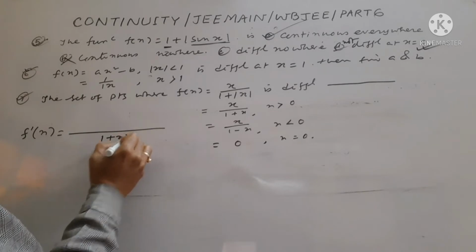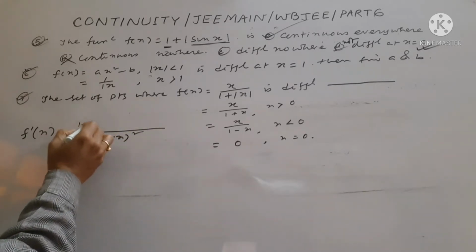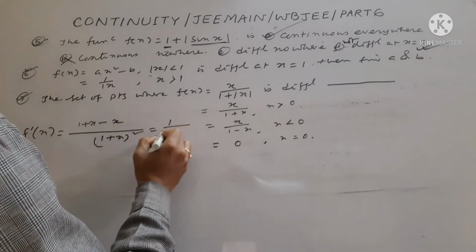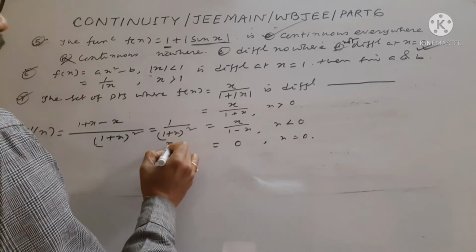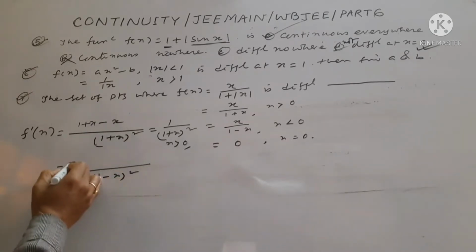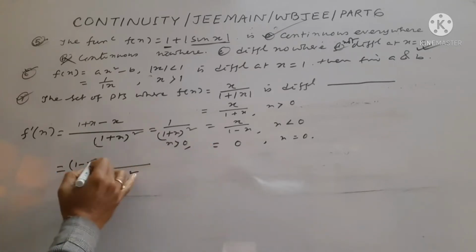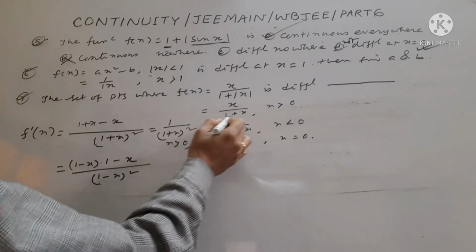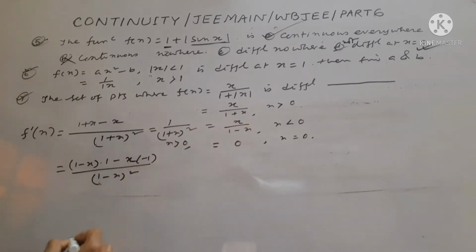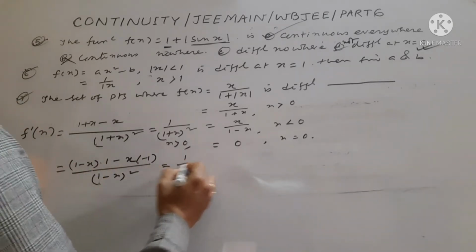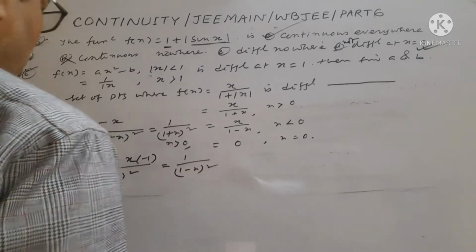For x greater than 0, it is 1 by (1 plus x) whole square. For x less than 0, the derivative of 1 minus x is minus 1, so finally it is 1 by (1 minus x) whole square.